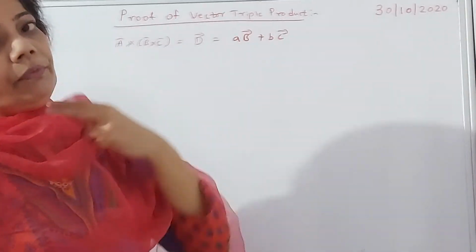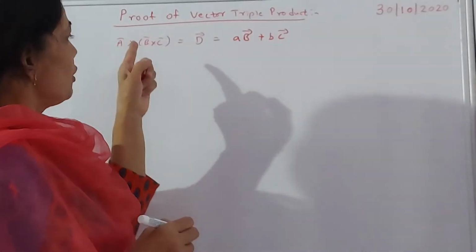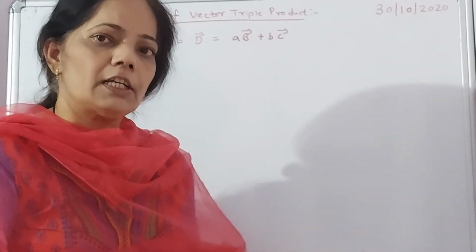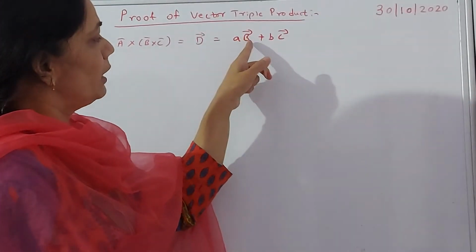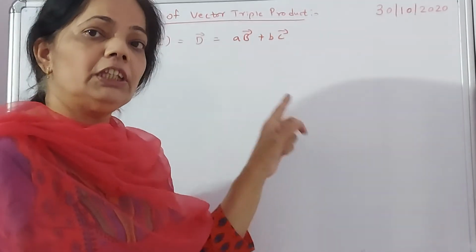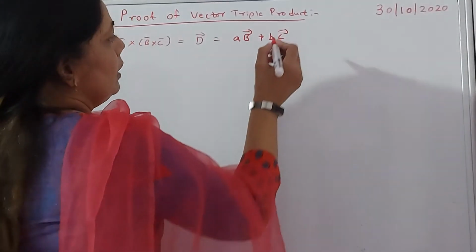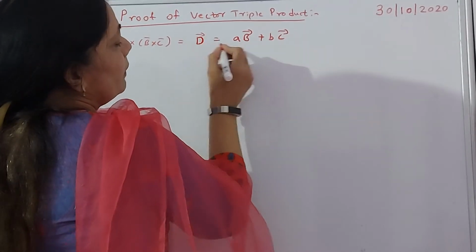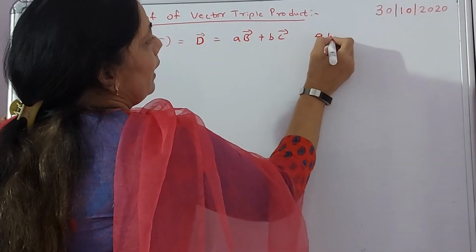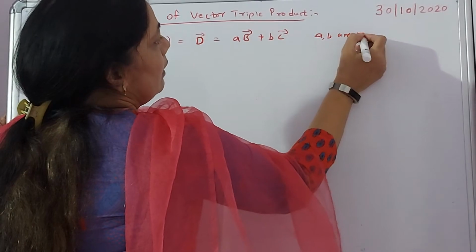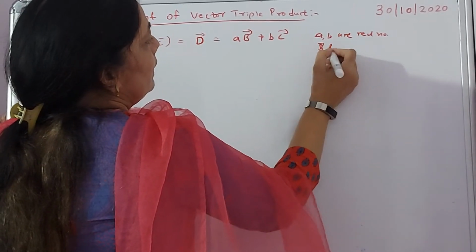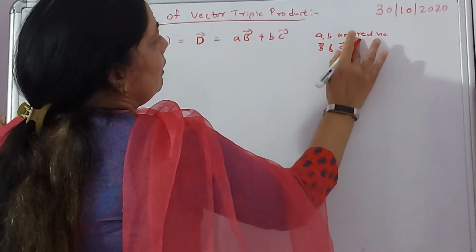So the VTP A cross B cross C is equal to a vector D, which is a linear combination of vector B and vector C with real numbers. Correct? So, what is my next job? Mention that a and b are real numbers and B and C are vectors.